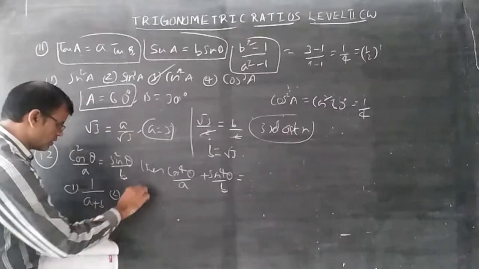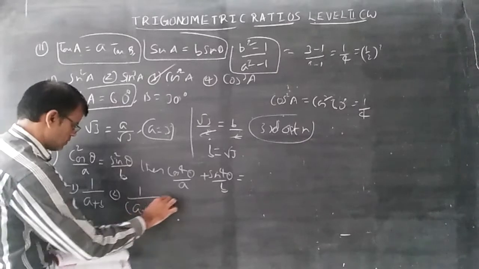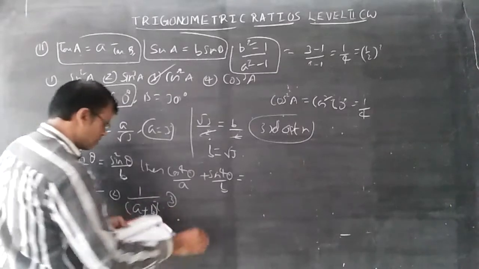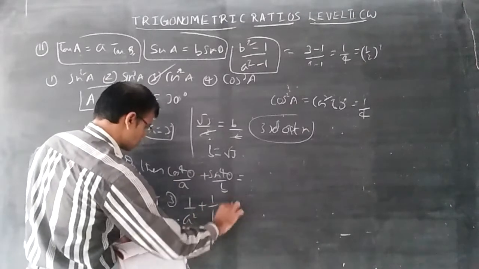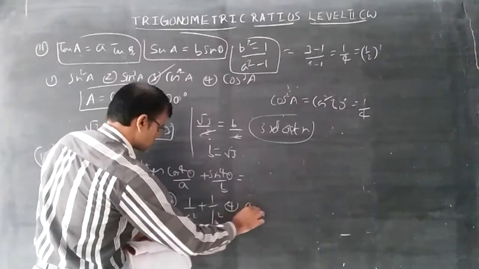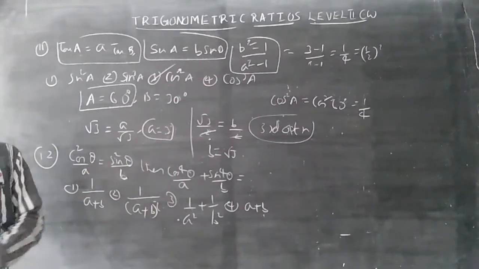The options are 1 by (a plus b), 1 by (a plus b) whole square, 1 by (a square plus b square), 1 by a square plus 1 by b square, and a plus b. Students, you write the question simply, no need to write options.